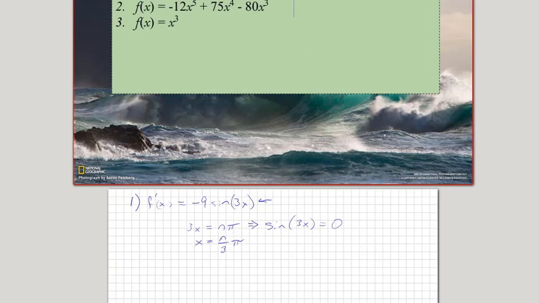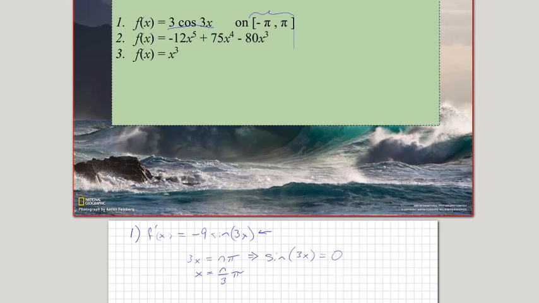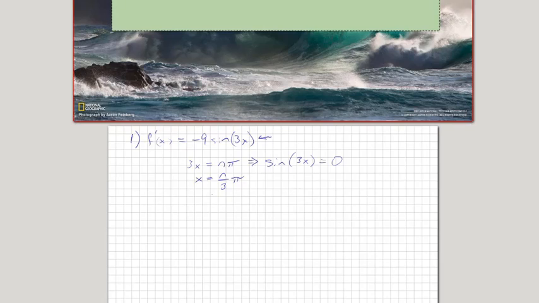Now, where n is an integer, how many of those are in this interval negative pi to pi? Well, certainly if n is -3, we get negative pi.